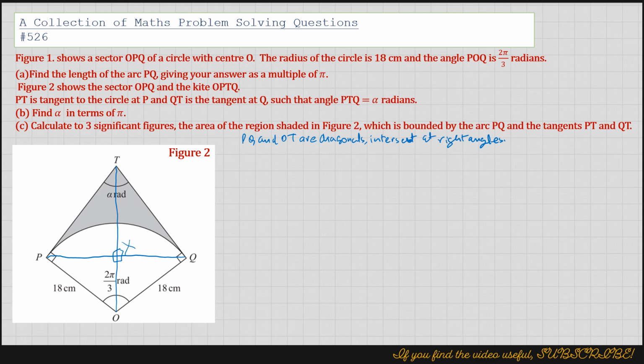OX is the perpendicular bisector, so triangle OPQ and triangle PTQ are isosceles. OX and TX bisect the angles.